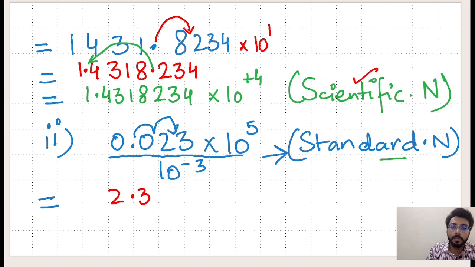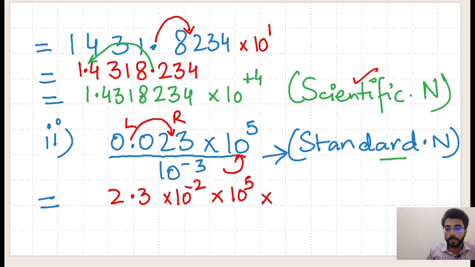We move the decimal point after 2 from left to right, so it will be 2.3 into 10 raised to power negative 2, because we move 2 digits. Then 10 raised to power 5. Let's move the denominator up: 10 raised to power negative 3 will become positive 3.